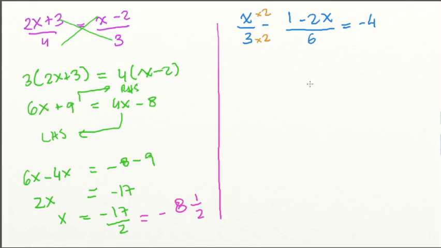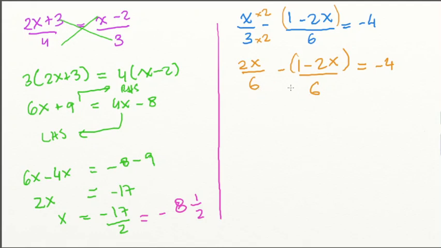That would be much simpler, wouldn't it? What would we get? Well, x multiplied by 2 is 2x, and 2 times 3 is 6. And now we have everything on the same denominator, and let me put some brackets here because that should be there, right? So we have those numbers to be equal to negative 4.